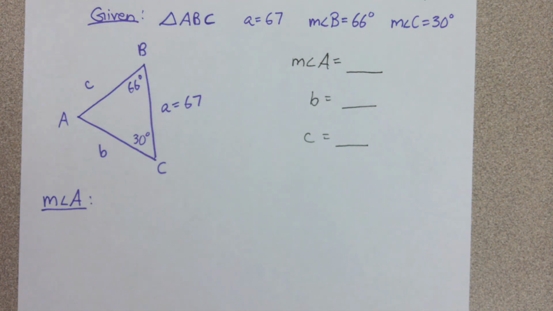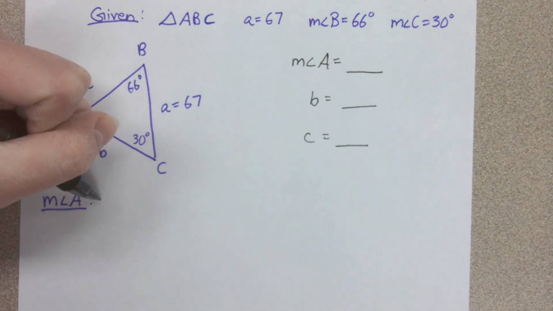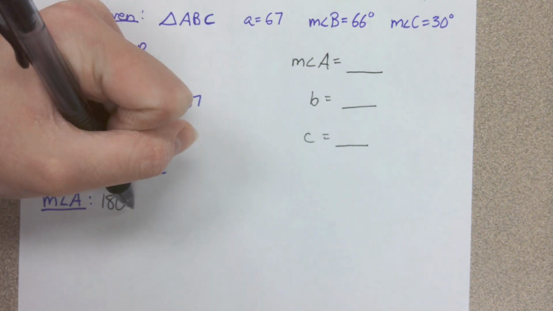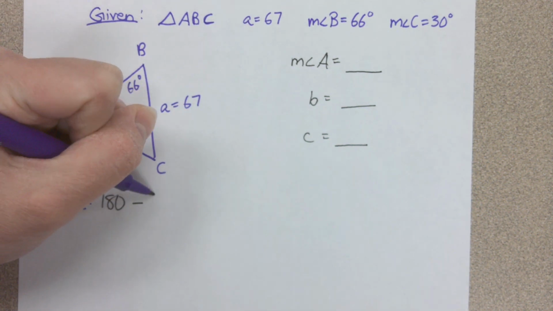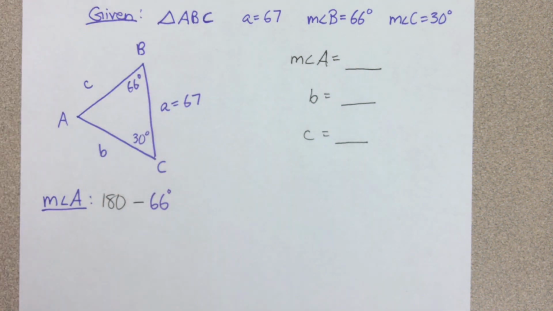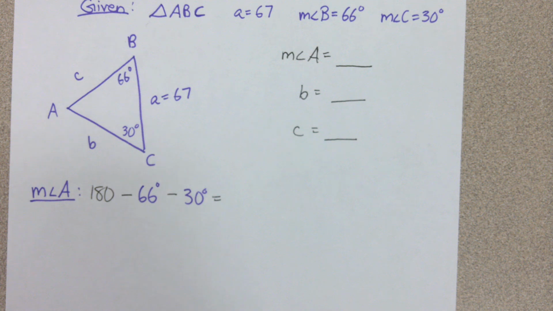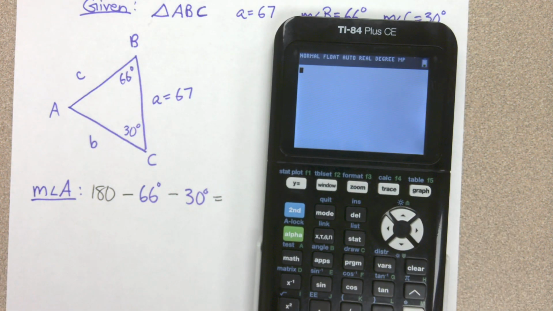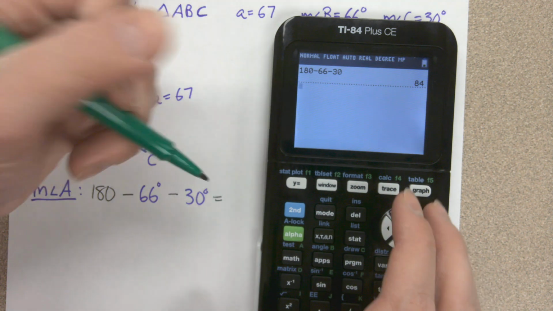So that's what I'm going to write out just because it only is 1 line for me. 180 minus 66 degrees minus 30 degrees, now you can just do all at once in your calculator. 84 is the remainder, so 84 degrees is the measure of angle A.